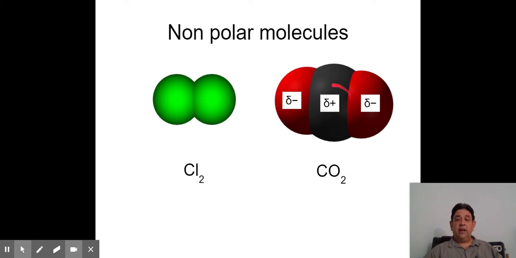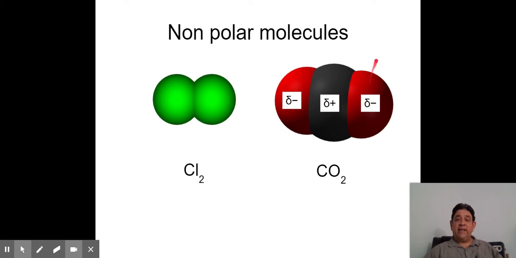On the other hand, carbon dioxide is nonpolar for a different reason. Carbon dioxide has two polar bonds, slightly polar, but they're polar nonetheless. So between carbon and oxygen, oxygen is more electronegative, gets a partial negative. Carbon gets a partial positive. Same thing between the bond here between these two. So we can say that there's a dipole moment going in this direction over here and a dipole moment going in this direction over here.